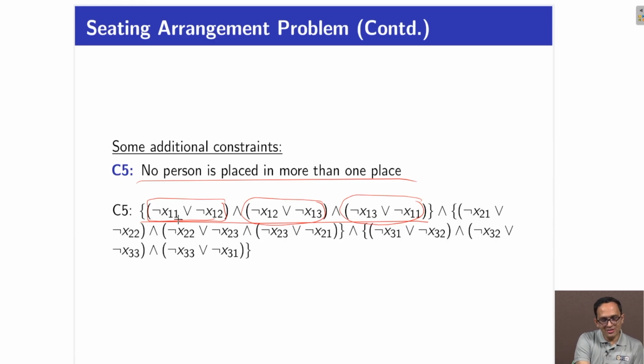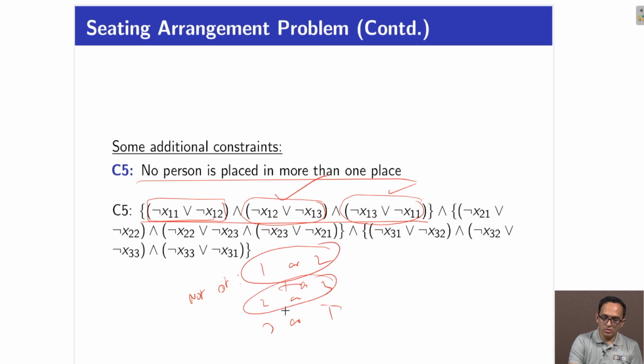So this is saying that he is not sitting in 1 or 2. This one is saying 2 or 3, right? And this is saying 3 or 1. So now all of them must be true, right? To make all three of them true, let us say if one is true, this and this will be done, right?